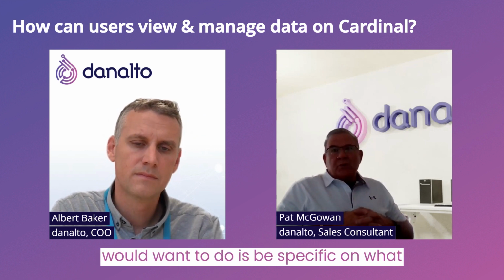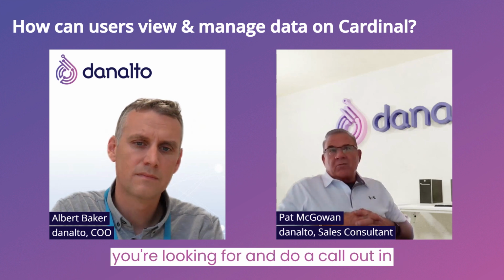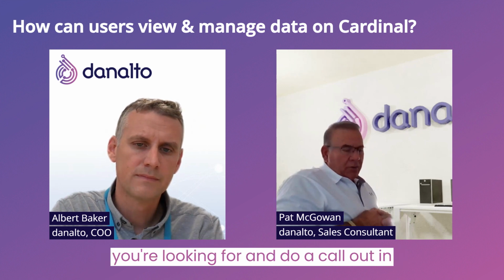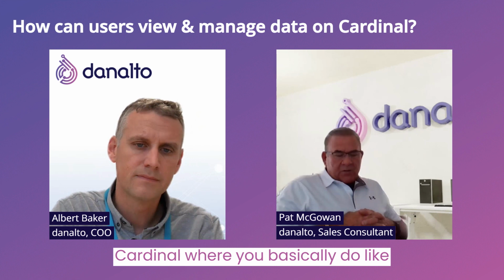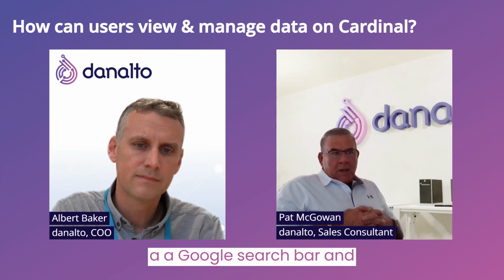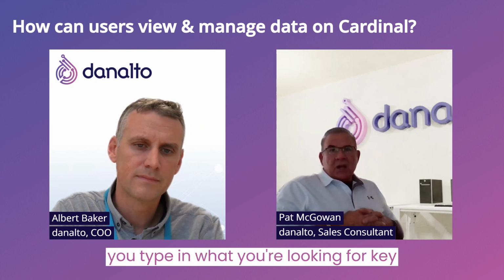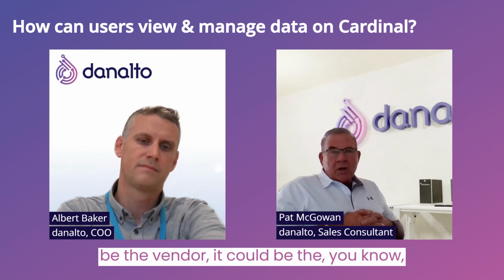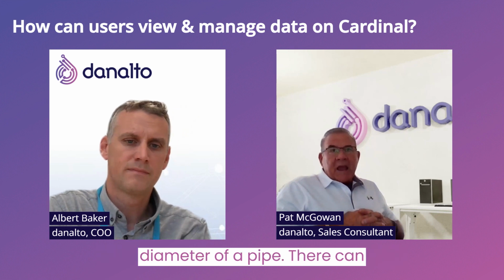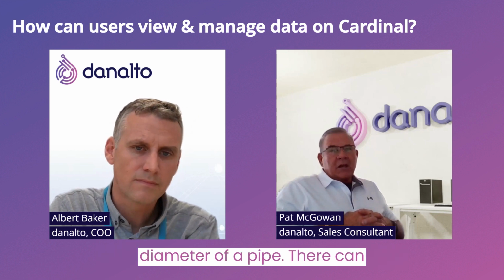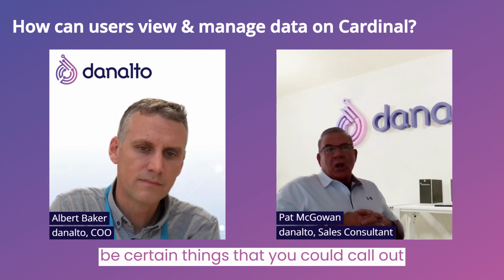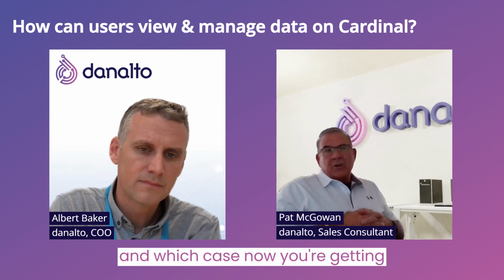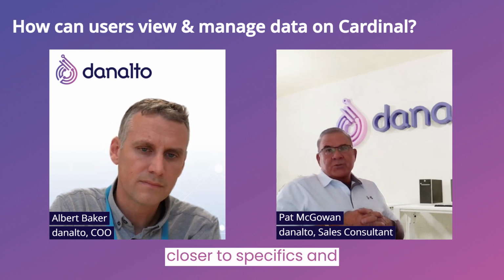Typically, what you would want to do is be specific on what you're looking for and do a call out in Cardinal where you basically use a Google-like search bar and type in key elements of the description. It could be the vendor. It could be the diameter of a pipe. There can be certain things that you can call out, in which case now you're getting closer to specifics and exactness.